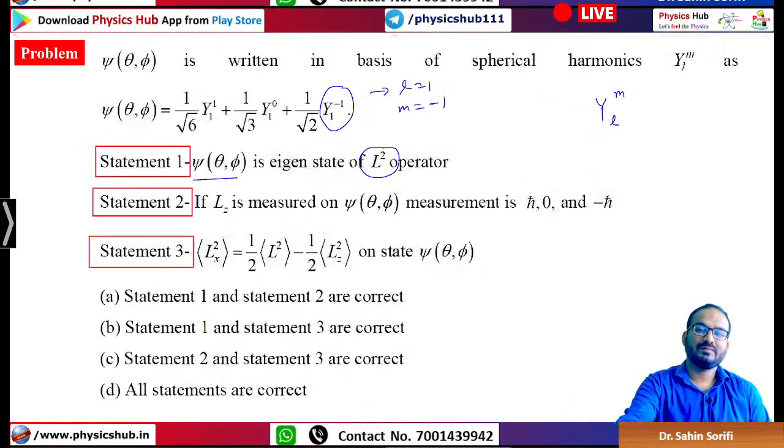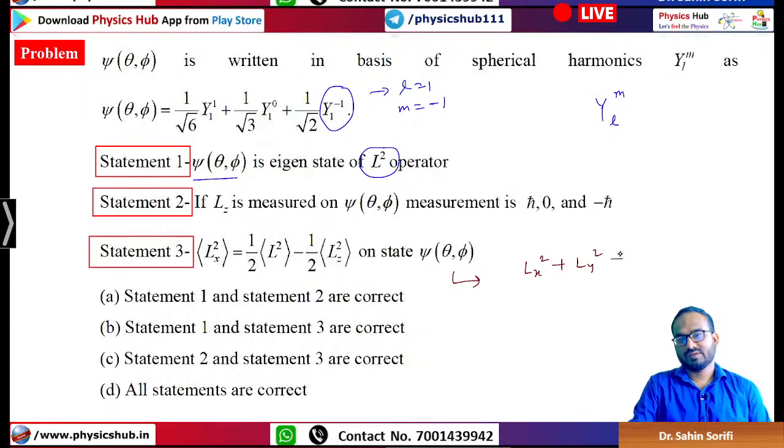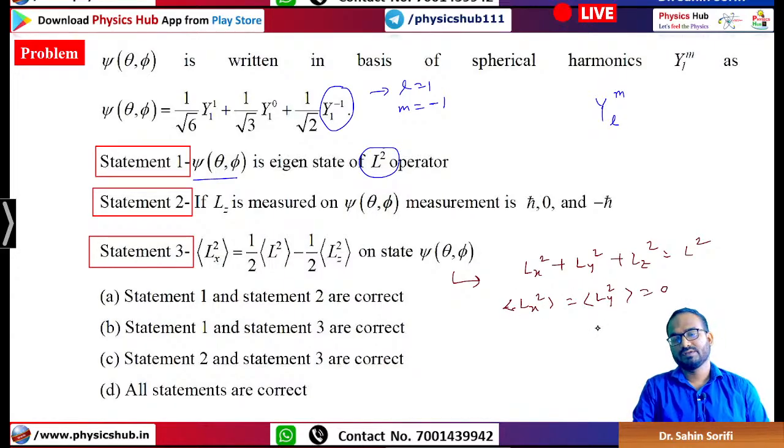Now the third statement is itself true. We have already done it so many times. You know, Lx square plus Ly square plus Lz square is equal to L square. So now you see Lx square and Ly square, the expectation values are equal, not 0, equal.